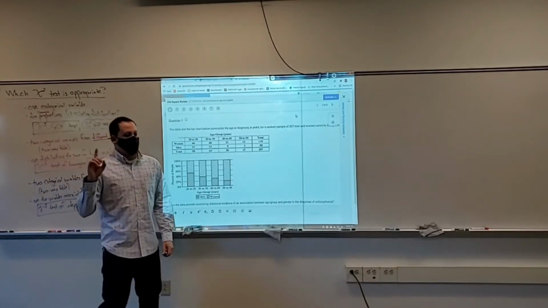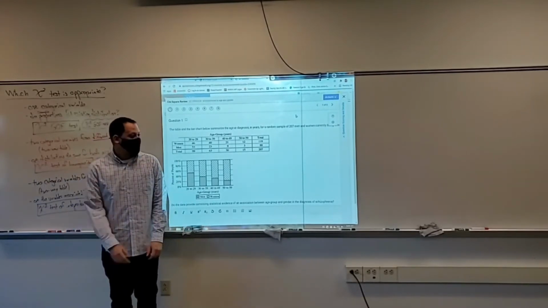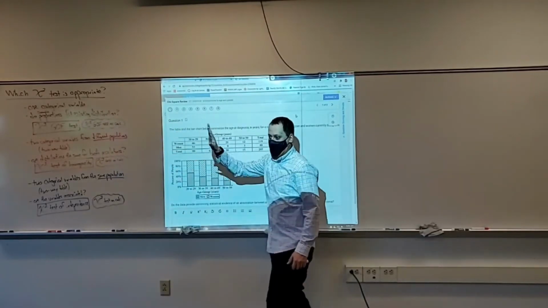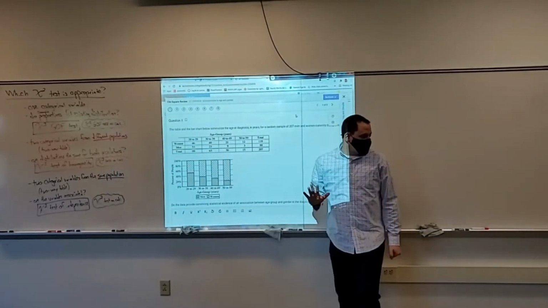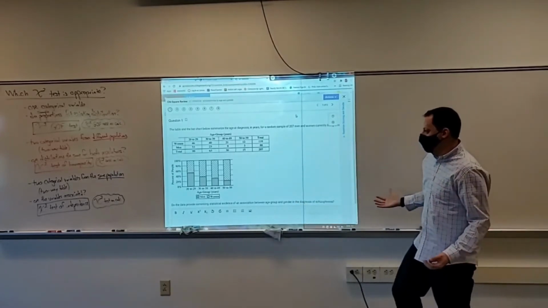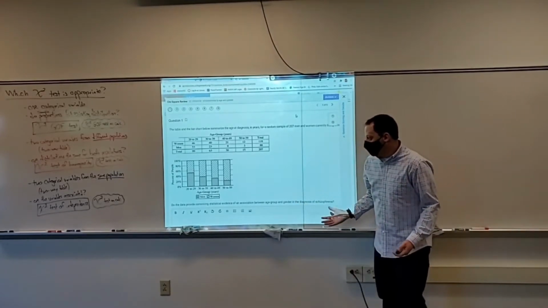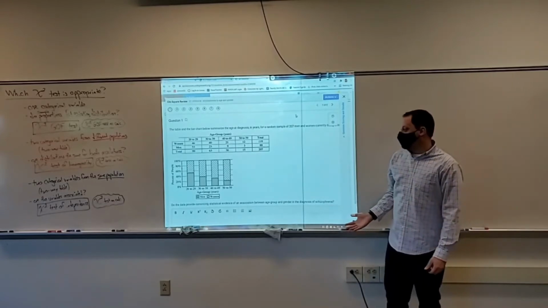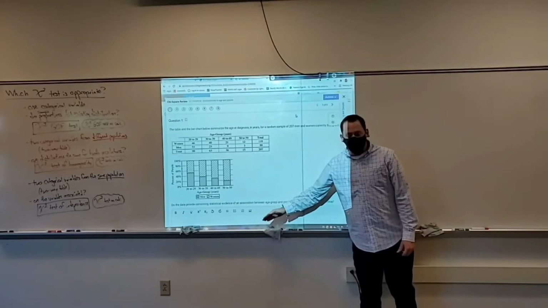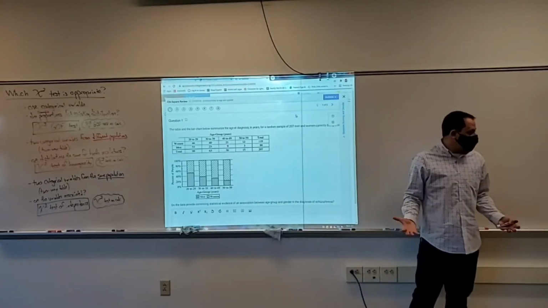The question is, which one? We've already crossed out this one. The independent. Do we have a vote for independence? Agreed? Yes? Why? Because it says, do they have an association between the age group and gender? Perfect. Is there evidence of an association? That's exactly what a test of independence is asking.